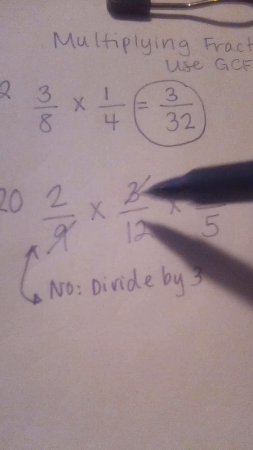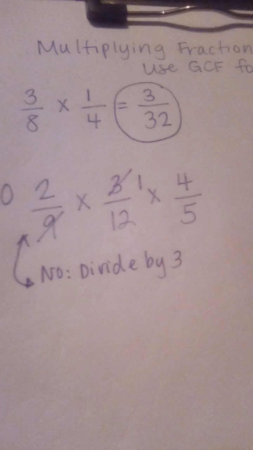Let's try 3. Divide by 3. 3 divided by 3 gives us 1. 9 divided by 3 gives us 3.